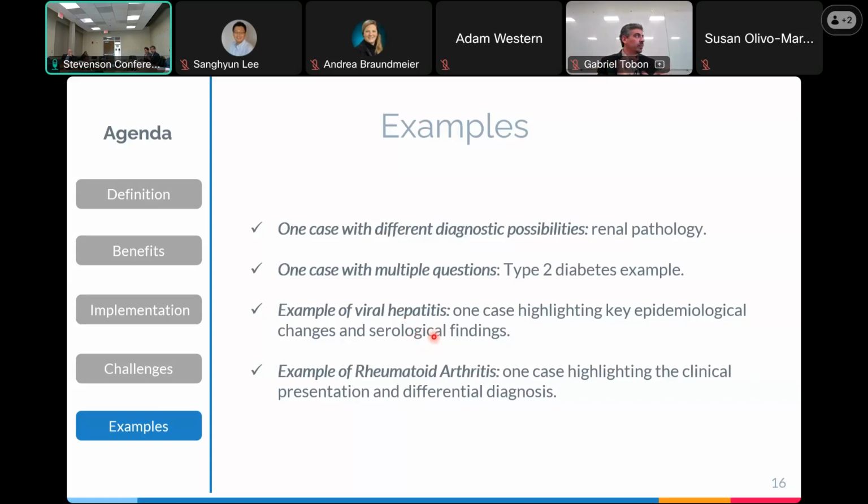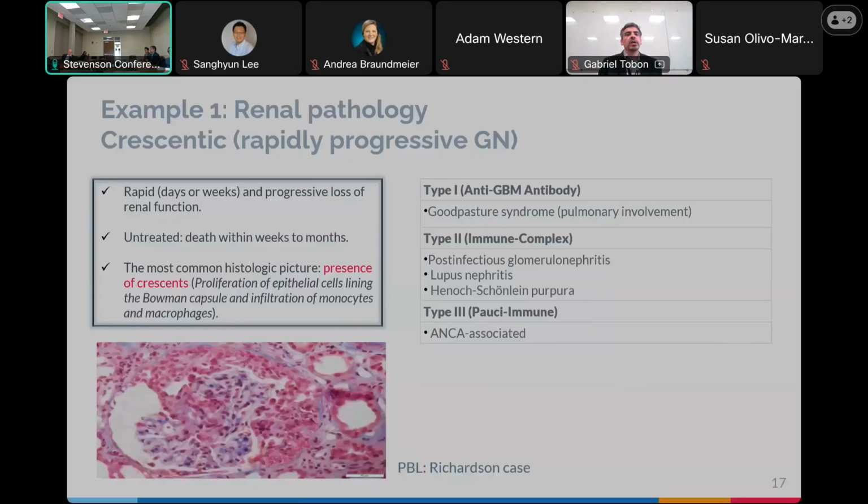Here, I show the students the main differences in the epidemiological aspects and serological findings. And the last one is an example of rheumatoid arthritis. It's just one case with the clinical presentation, but we can discuss it trying to have the differential or trying to rule out the different diagnoses.